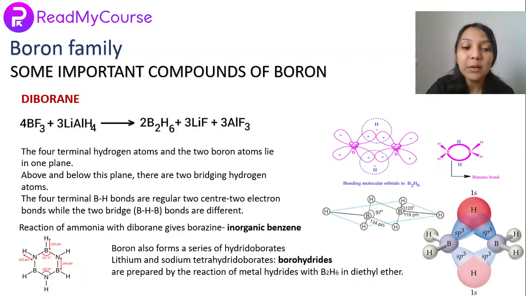They are prepared by the reaction of metal hydrides with B2H6. B2H6 is nothing but diborane, right? So when diborane reacts with metal hydrides in diethyl ether, we get hydridoborates. And lithium and sodium tetrahydridoborates are also known as borohydrides.